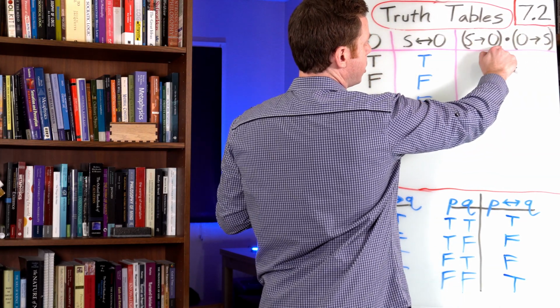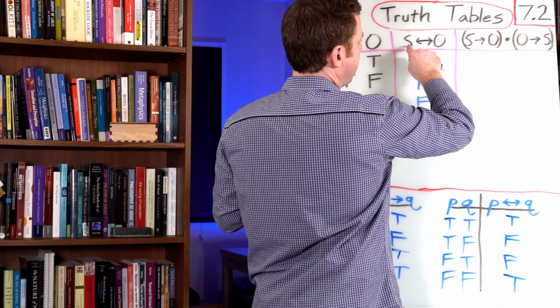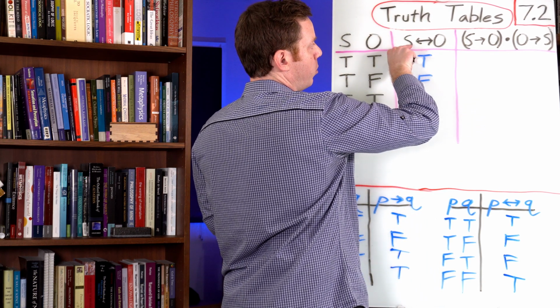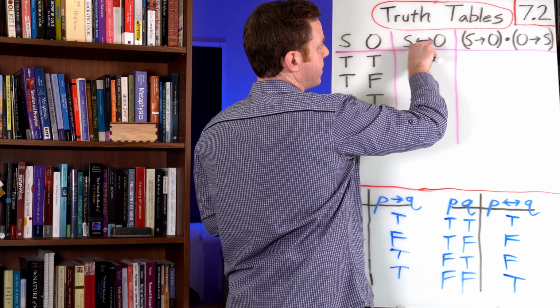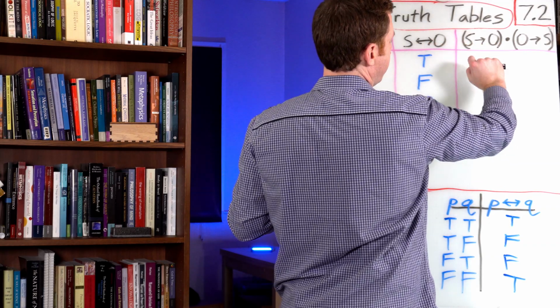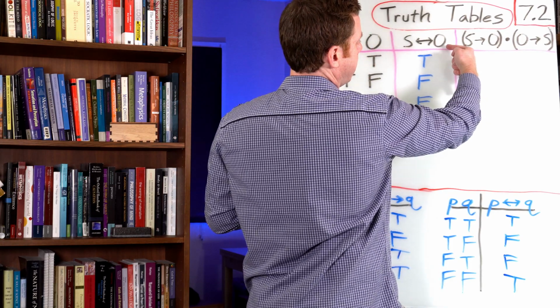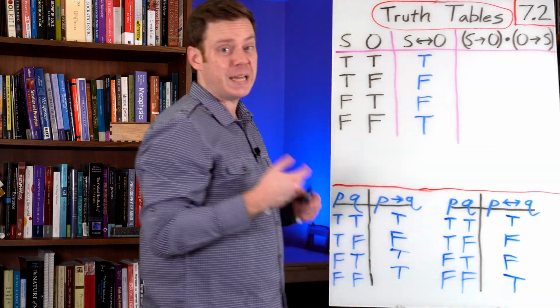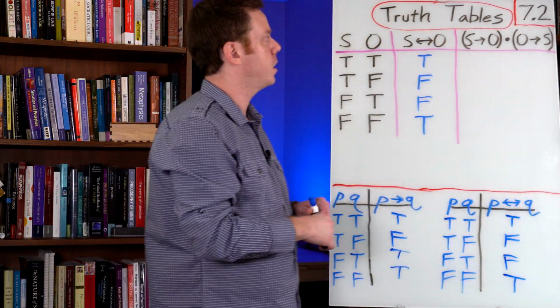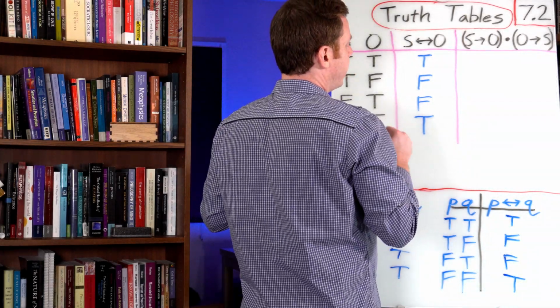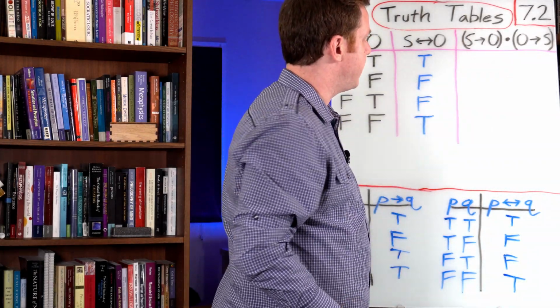So we have this conditional, which is like this biconditional, but one side of it: if S, then O, right? If S, then O, but also going the other way. If O, then S. And that's basically what a biconditional means. So let's see what results we get.